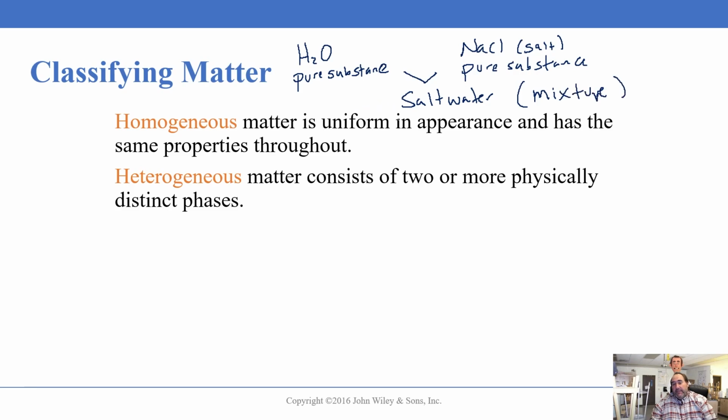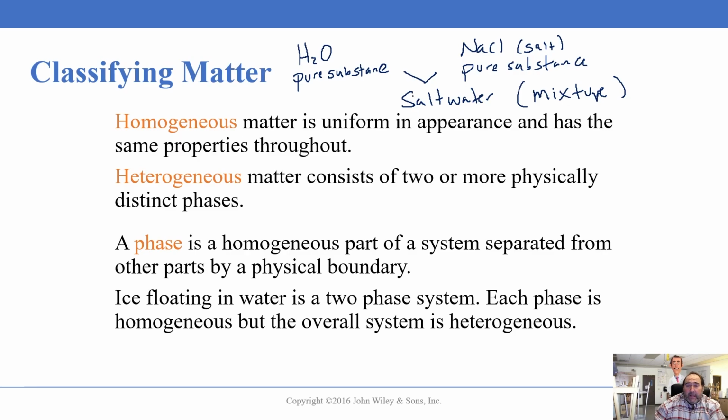So a mixture is a combination of two or more pure substances together. And the important part of a mixture is they retain their identity.